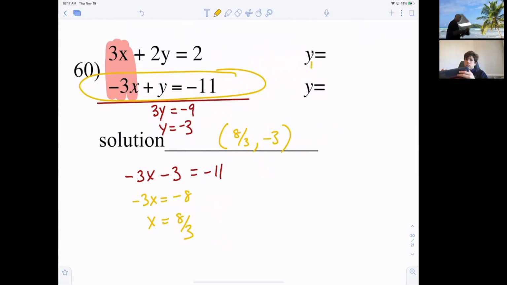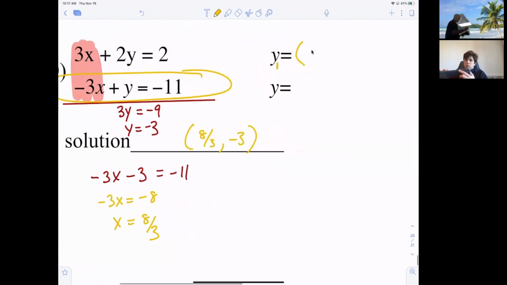So again, under y1, parentheses, 2 minus 3x divided by 2. Under y2, -11 plus 3x. Do I really even need the parentheses? Because I'm dividing by 1, we don't really need the parentheses.